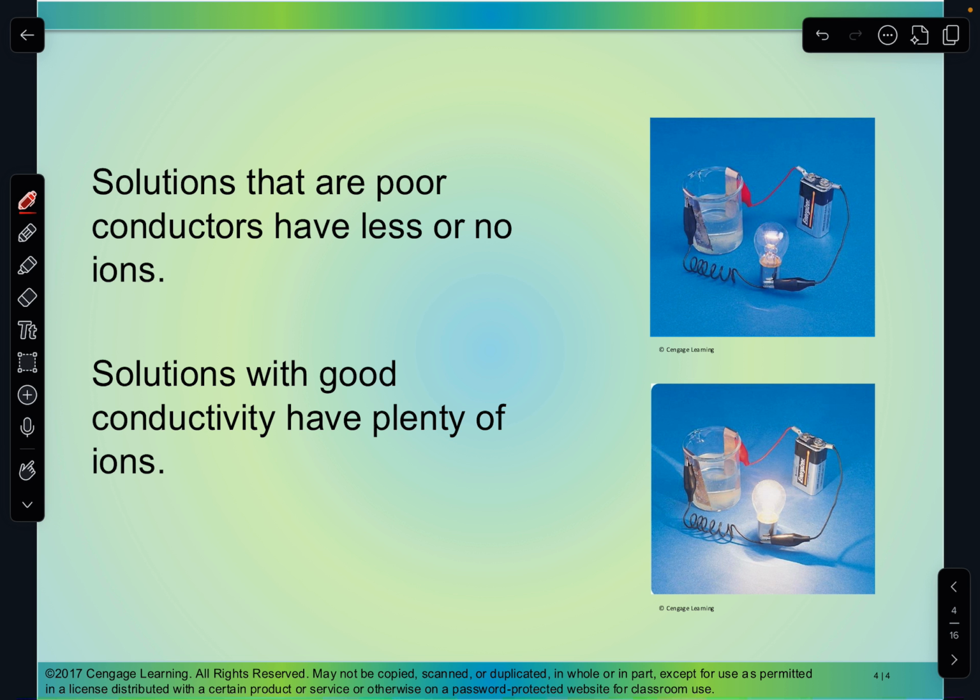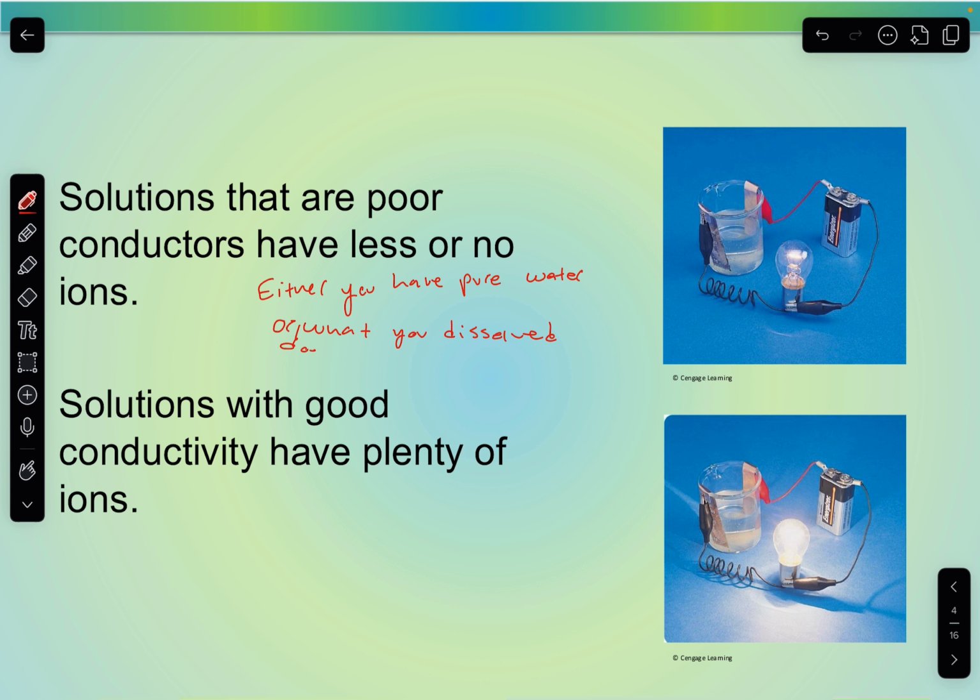Okay. So solutions that are poor conductors have less or no ions. So that means that either you have pure water, or what you dissolved does not ionize.